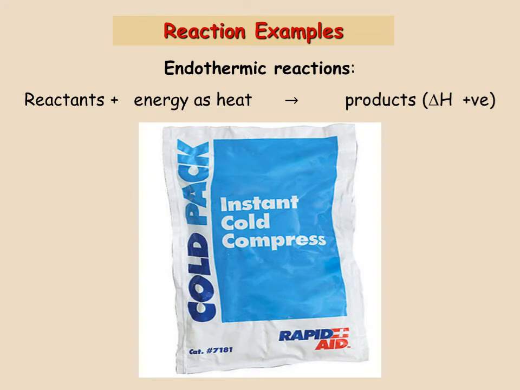When people are bruised or having a lot of heat in their bodies, or when they get joint pains, they use these cold compresses so that their bodies can become cool. These cold packs absorb the heat from certain areas of the body. Understood? Absorbing energy means it is endothermic.